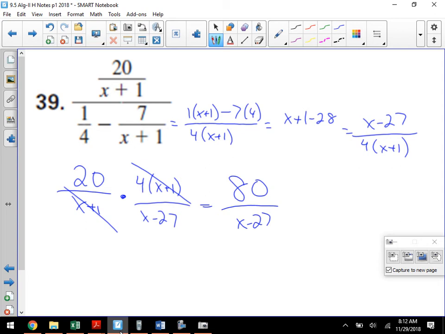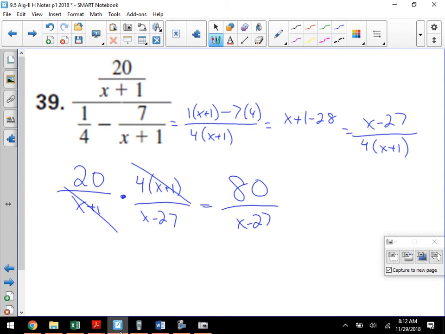Oh, here's a good question. This is a good one for this. What can't x be? 20. Why? Good. Can you divide by 0? No. Now, you guys have all seen this before.